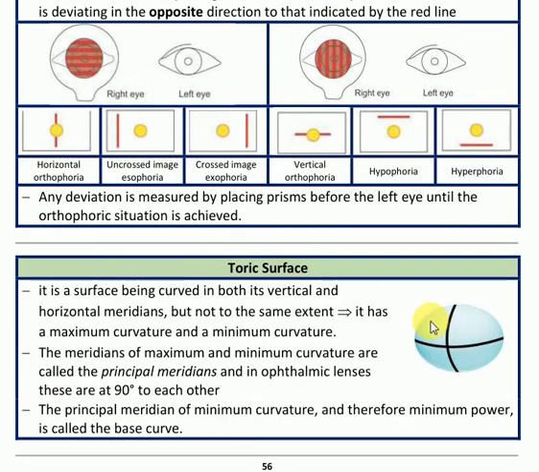Toric. Now we will discuss the toric surface. Imagine that the cylindrical lens is picked up by its ends and bent. So this was the cylindrical lens, but it is bent.